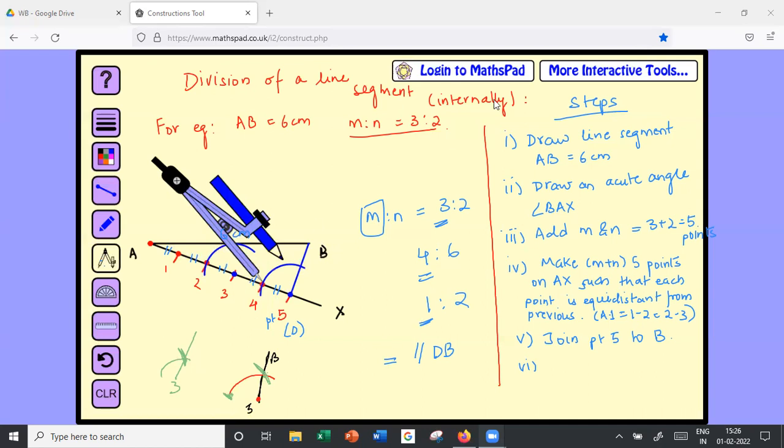So when making an arc, the point should be on 2? No. Let me explain it again. Do you remember when you did construction in grade 9? Just a second, I'll show you what I'm talking about. When you draw an angle, you make a line like this. Then whatever angle you want, you keep the compass here and draw an arc like this.